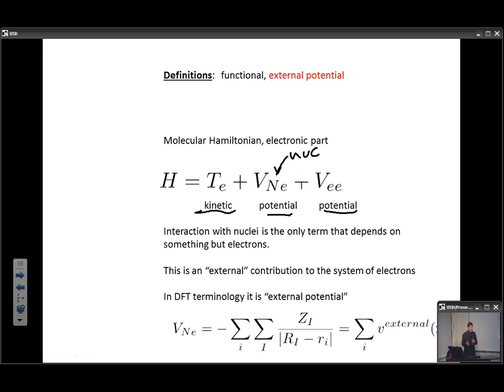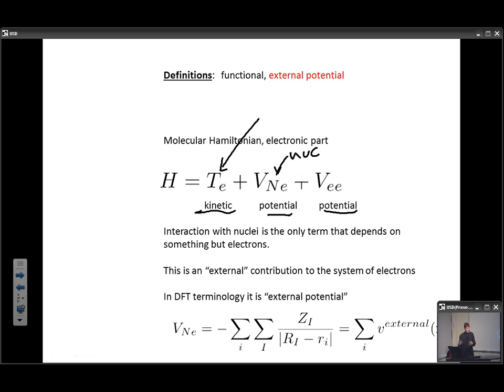Everything except electrons is some perturbation, some impurity that makes things not so nice and simple as in Thomas-Fermi, in the electron gas. So everything that comes from outside is external, is foreign, is, well, not desirable, but it is what makes complications. And here in this expression for the electronic part of the molecular Hamiltonian, the kinetic energy refers only to the kinetic energy of electrons.